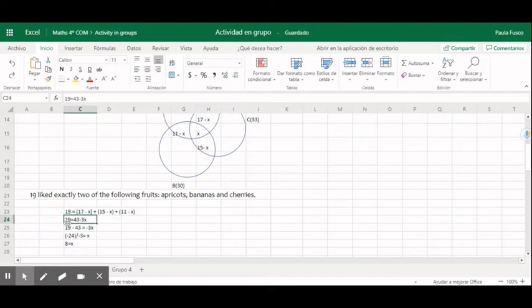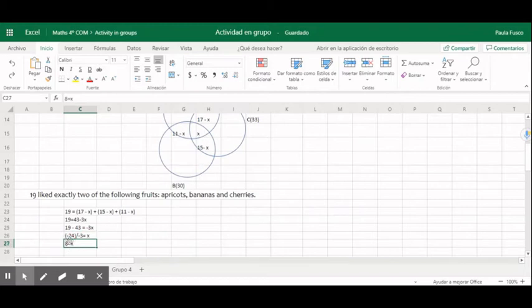Remember that we had 19 equals 43 minus 3x. Then we do this subtraction. 19 minus 43 equals minus 3x, and then we divide this 24 divided by 3, and the result is 8.